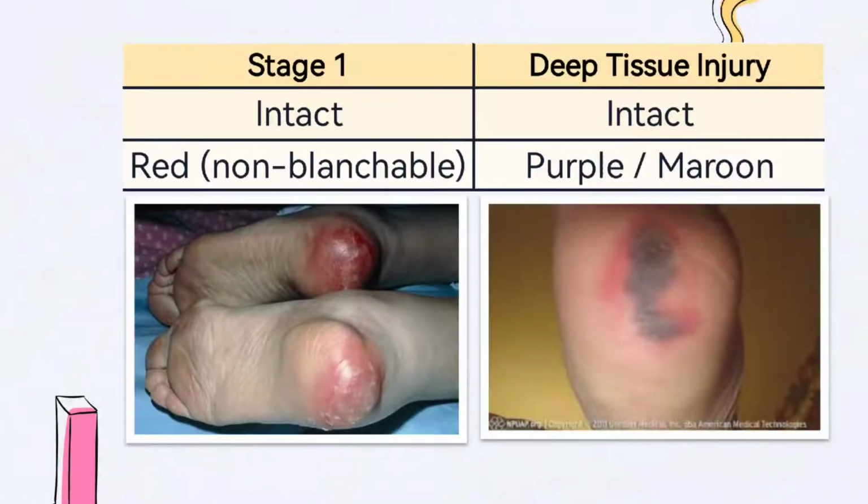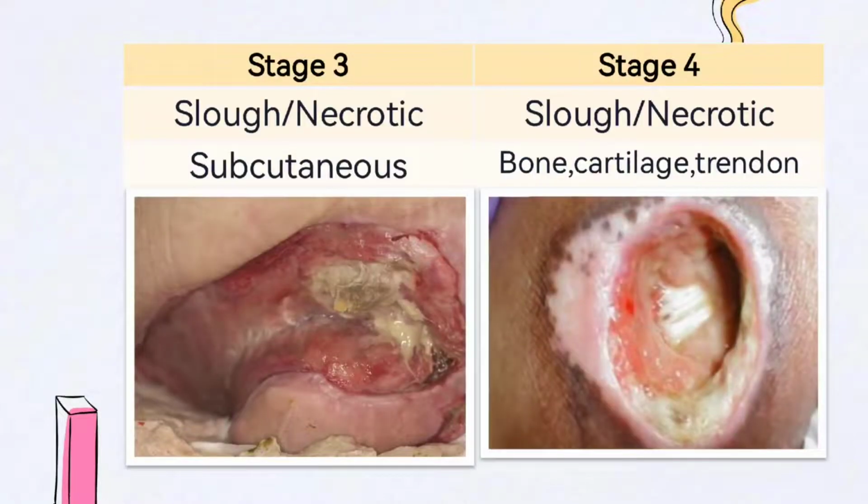Now here, I'm going to show you a slide. How do we differentiate two almost similar categories? Now first, we have the stage 1 and deep tissue injury. Both are intact skin. Okay, both are intact skin. Here red, here purple. Okay, as easy as it is. Next, we have the stage 3 and stage 4.